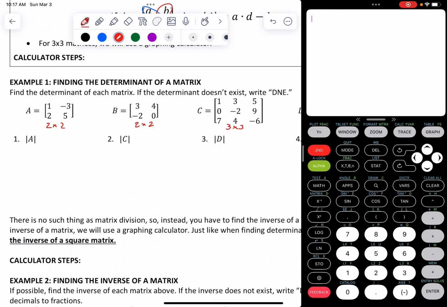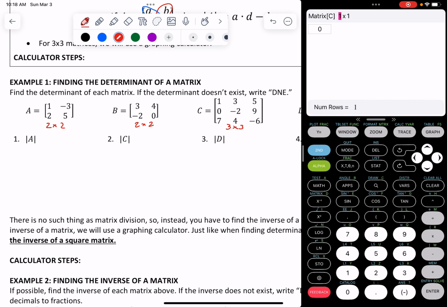So second matrix, and then over to edit. A is 2x2: 1, -3, 2, 5. Matrix B is also 2x2: 3, 4, -2, 0.